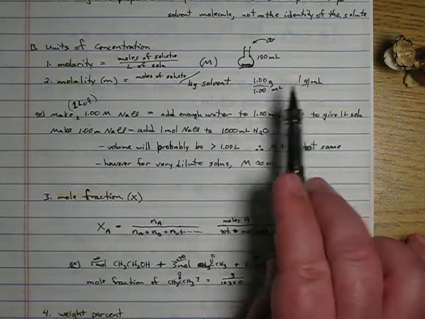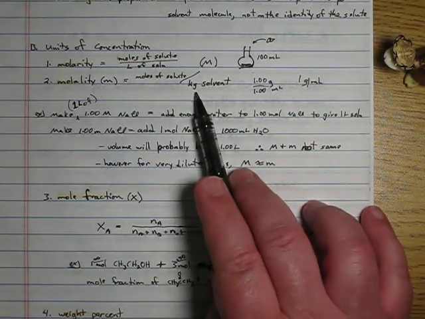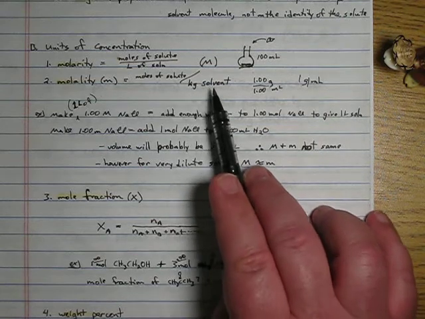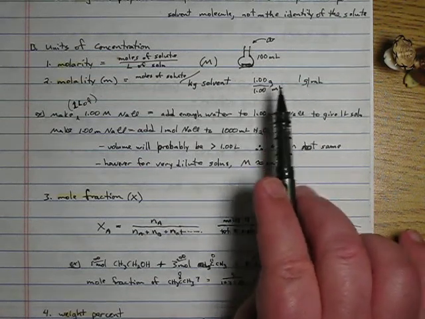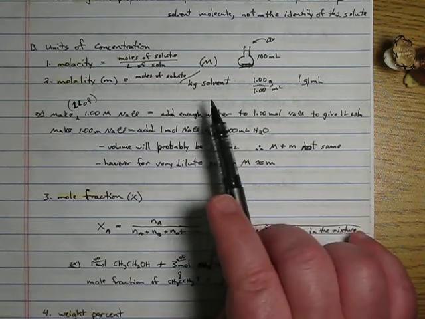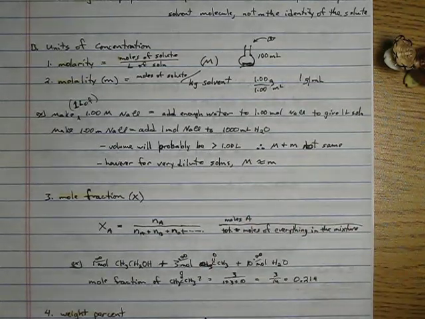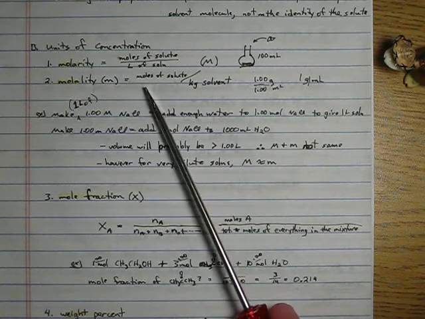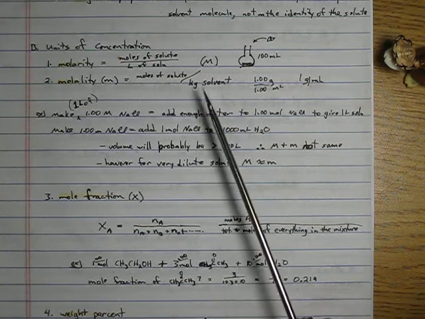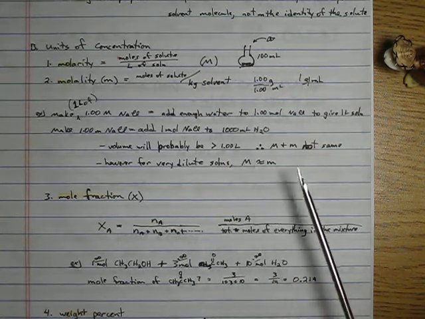Well, 1,000 grams of water is 1 kilogram. So 1 kilogram of water is 1 liter of water. A kilogram of water is a liter of water. And since we're mainly using water as our solvent in this class, realize molality is really just moles of solute per liter of water.